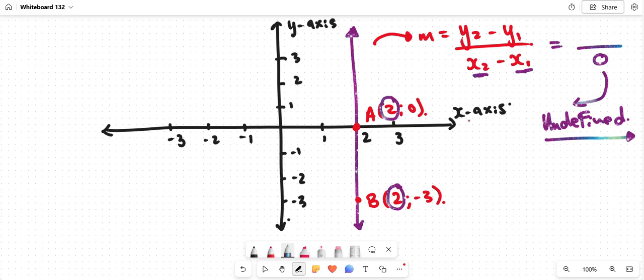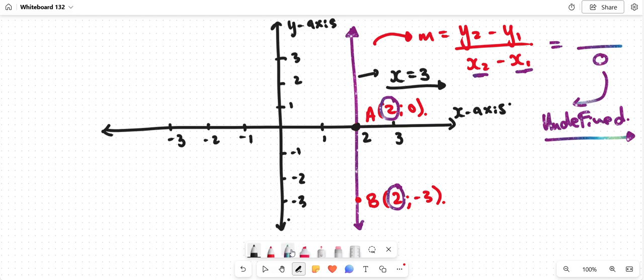But does that mean the vertical line does not have an equation? No. That vertical line still has an equation, and all that you need to do is look at wherever it's cutting the x-axis, then the equation of that line would be x is equal to that value. I hope you can see that.